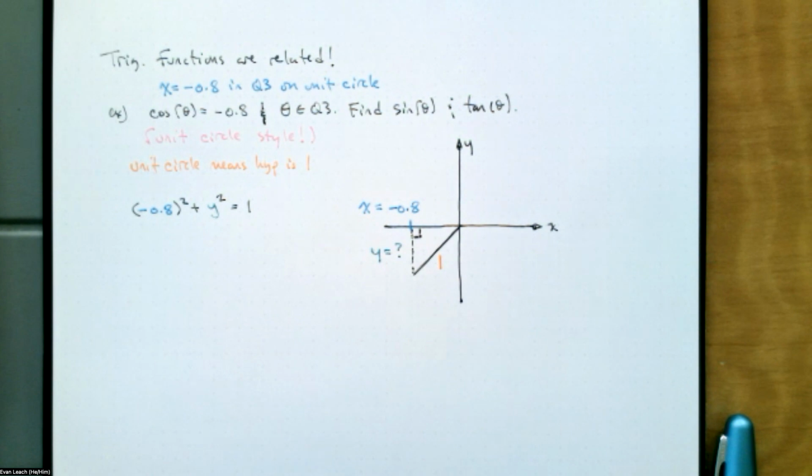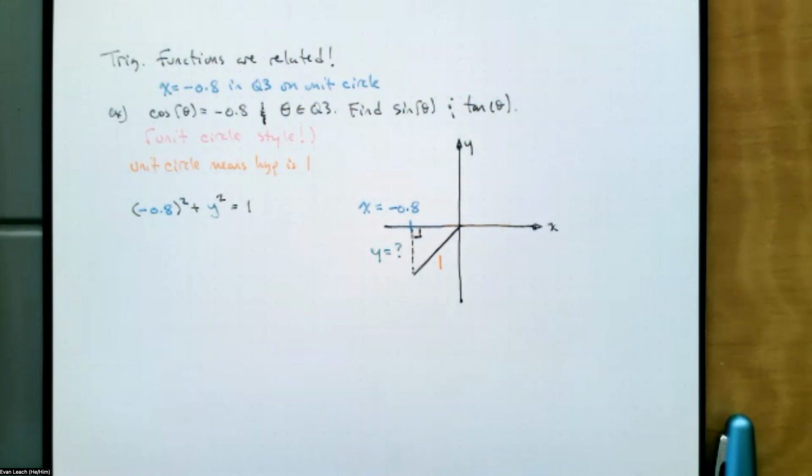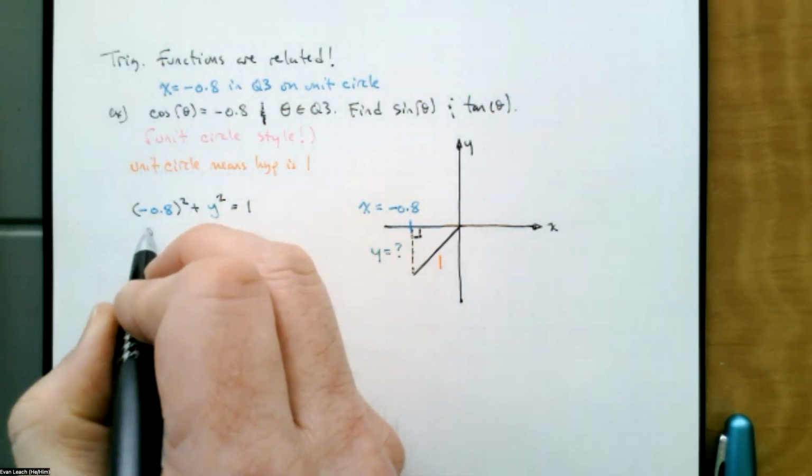There are two triangles I could have drawn here, in the second quadrant and the third quadrant, with an x of negative 0.8. Since we were told it was in the third quadrant, that's why I picked the one under the x-axis.